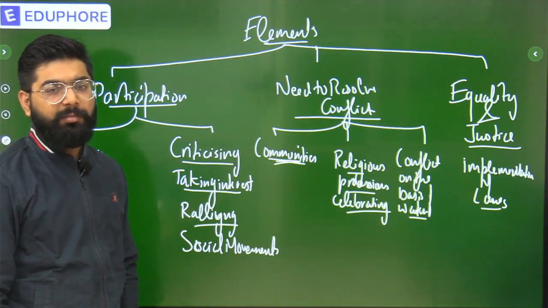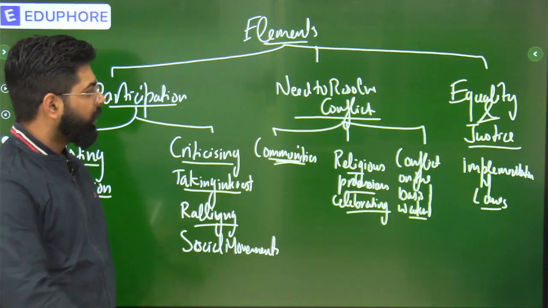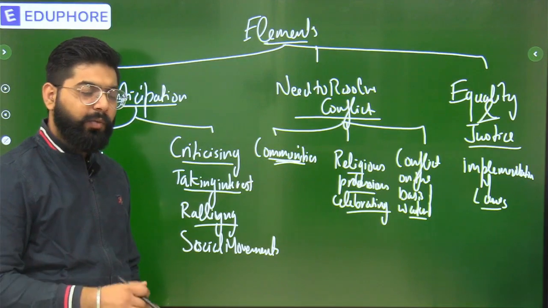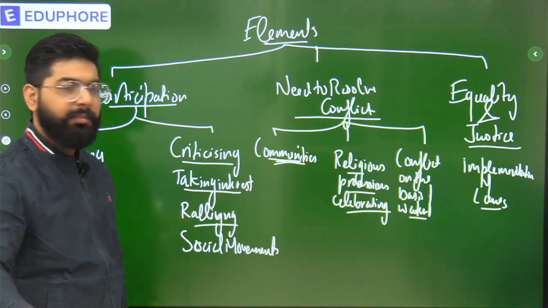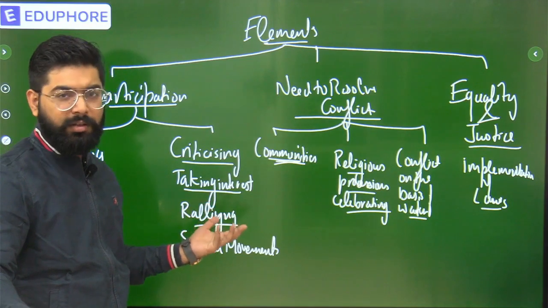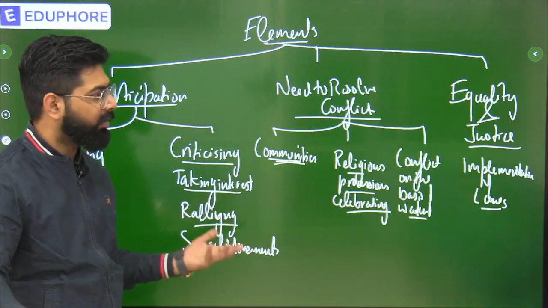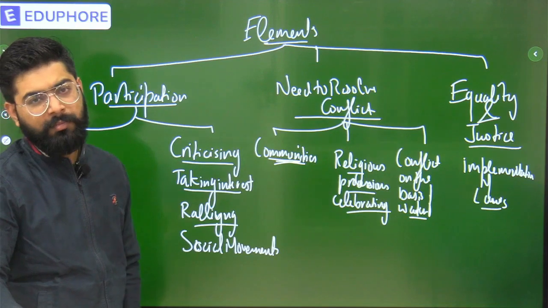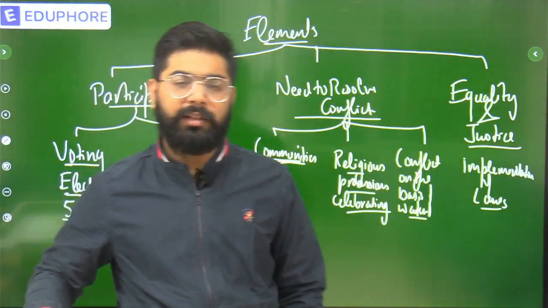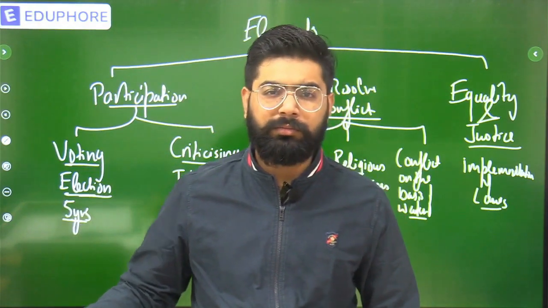Key elements of the democratic government: the whole chapter is on a single page. If you want to make notes, you can, but this is the shortest and easiest way to understand a chapter. Always try to revise things in this way, through diagrams.